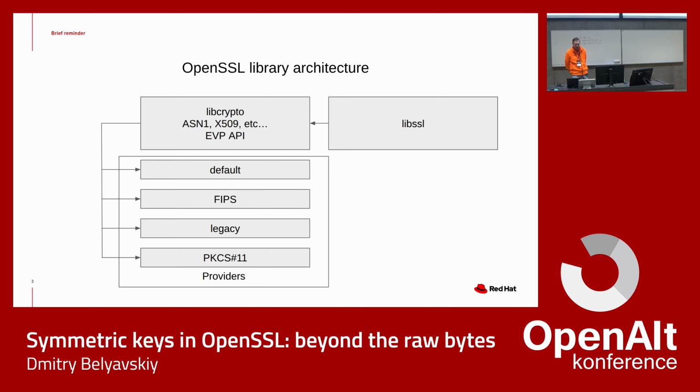It's default provider, FIPS provider designed for FIPS certified systems, legacy provider which includes old algorithms that are either insecure or less popular, mostly insecure. But of course, the developers can implement their third-party providers. So we in Red Hat have implemented PKCS11 provider, which allows us using algorithm relied on hardware tokens, HSM, and so on and so forth.